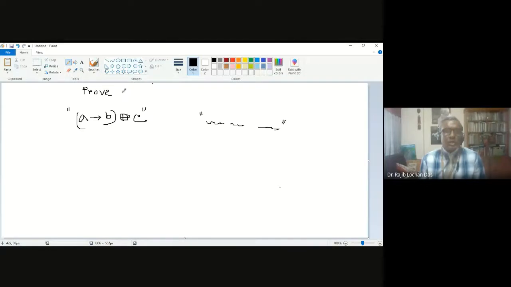Prove the expressions are equivalent. I will write equivalent, so actually you are proving that they are equal, but in the question I will write prove that they are equivalent.